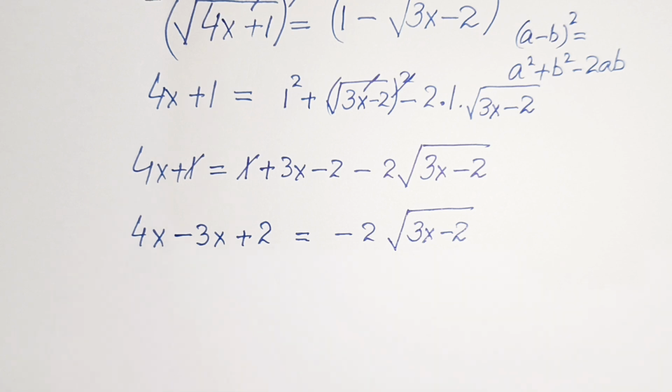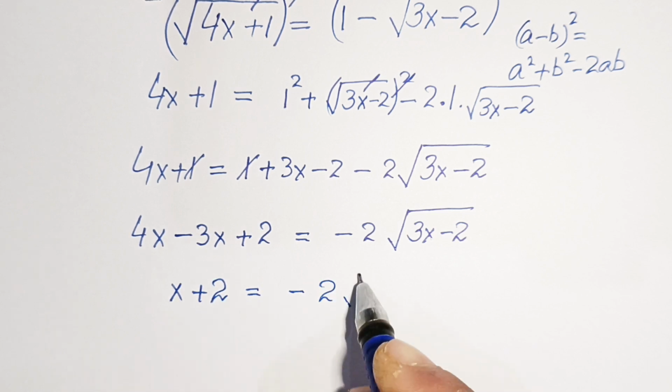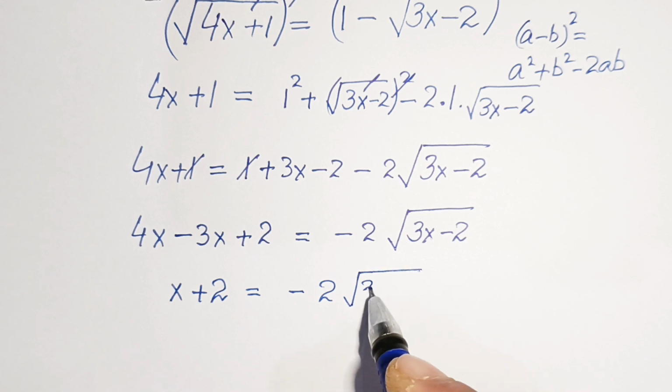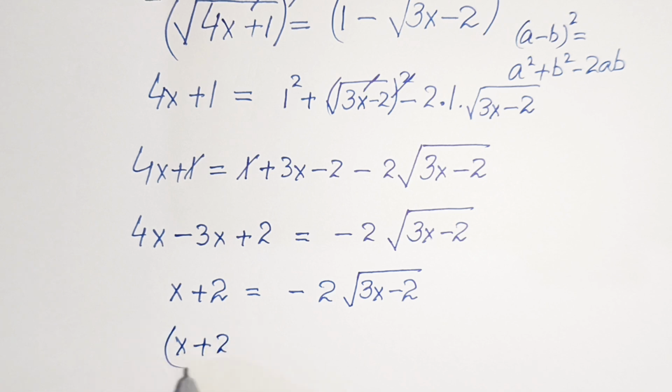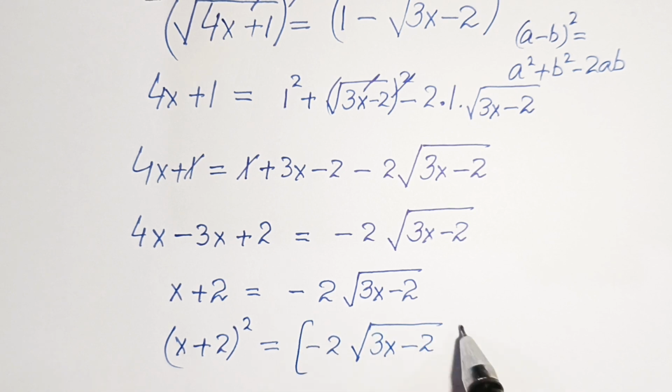Now our next step will be 4x minus 3x is equal to x, so x plus 2 is equal to minus 2 times square root of 3x minus 2. Now if we take square on both hand sides, we get x plus 2 whole squared is equal to minus 2 times square root of 3x minus 2 whole squared.